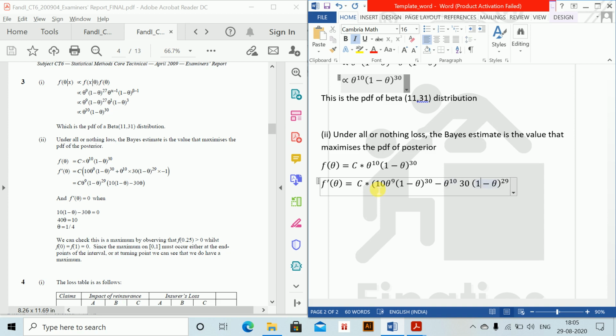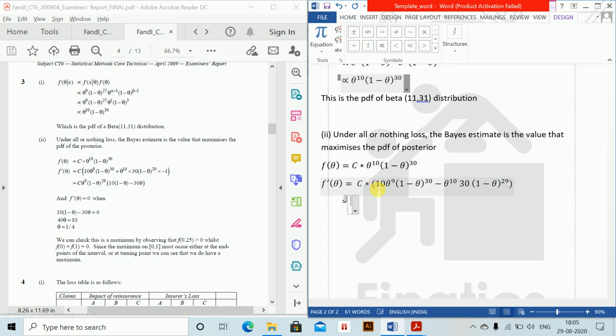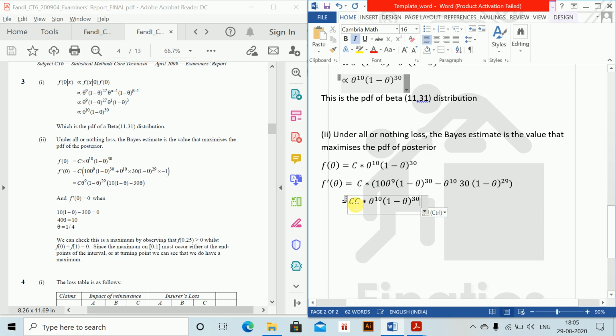Differentiating, it equals c theta to the power 9 (1 minus theta) to the power 29, and in brackets we have our remaining 10 into (1 minus theta) minus 30 into theta.